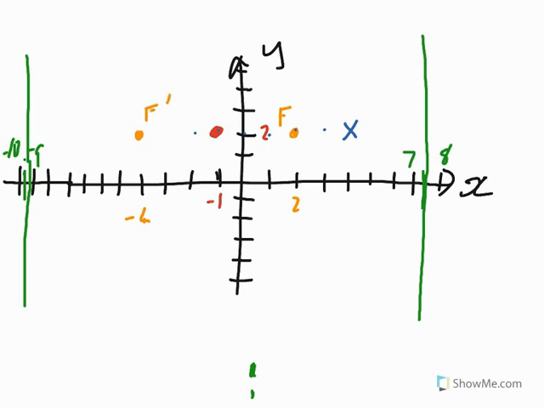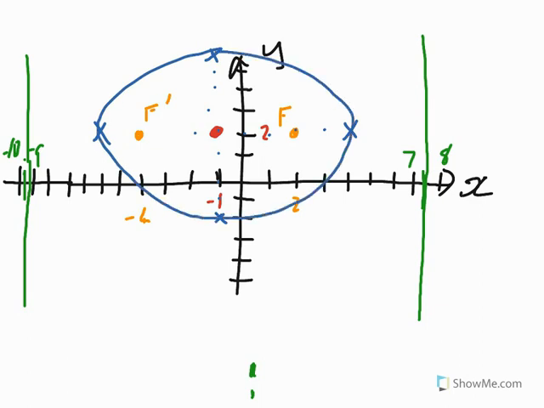Hope you picked up on that. Okay, so again, 1, 2, 3, 4, 5. So that puts us there. And our semi-minor axis is 4, so 1, 2, 3, 4, and 1, 2, 3, 4. Alright, and there she is. There's our ellipse.